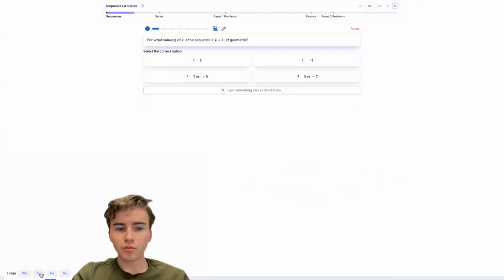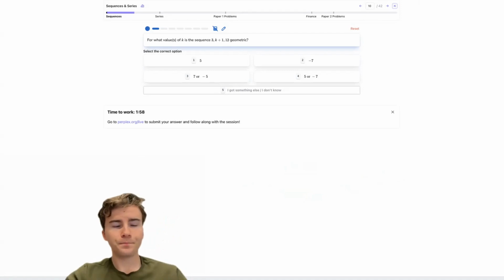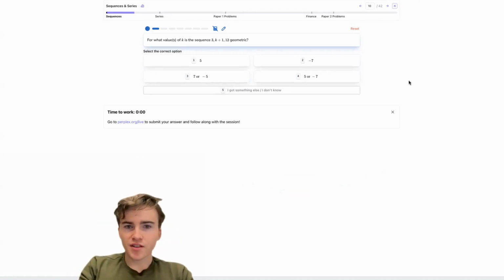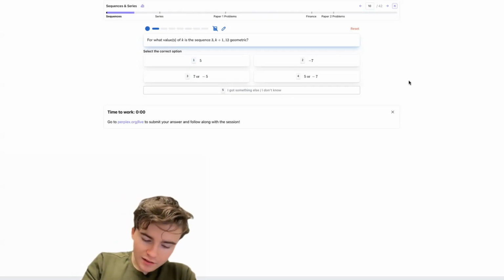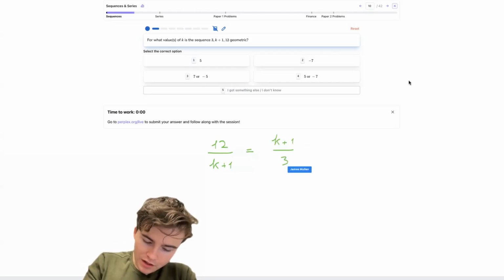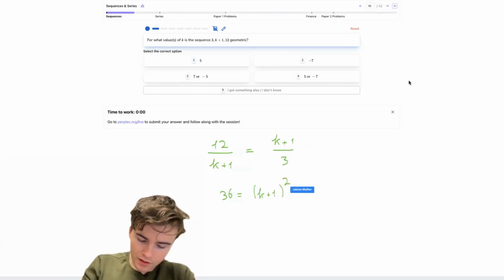I'll give you 2 minutes to solve this one because it's a little bit harder. But let's go over the solution. So again, if these terms are consecutive in a geometric sequence, then I can equate the ratios between consecutive terms. So 12 over k plus 1 is equal to k plus 1 over 3, which means that 36 is equal to (k plus 1) squared.